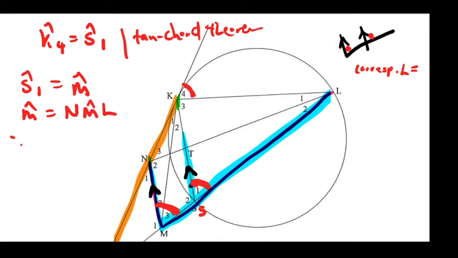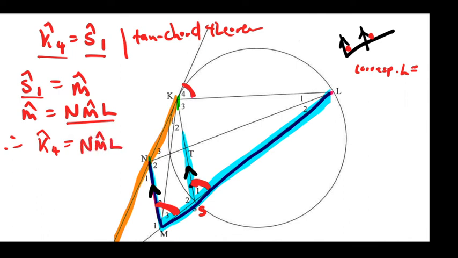So therefore, if S1 is equal to this angle here, but S1 is equal to K4, it concludes that K4 is equal to NML.